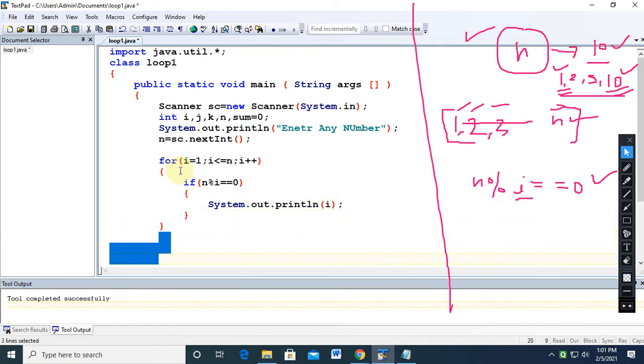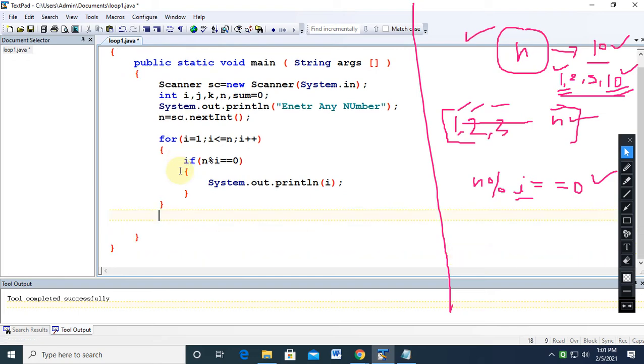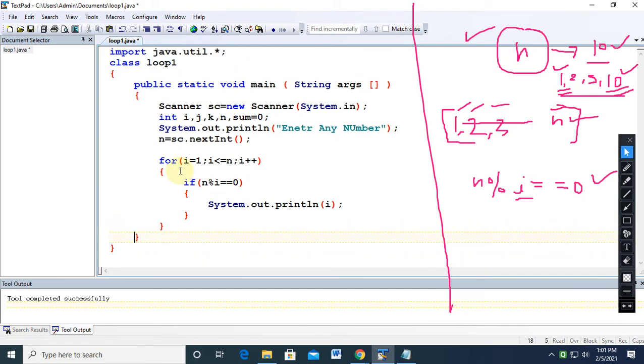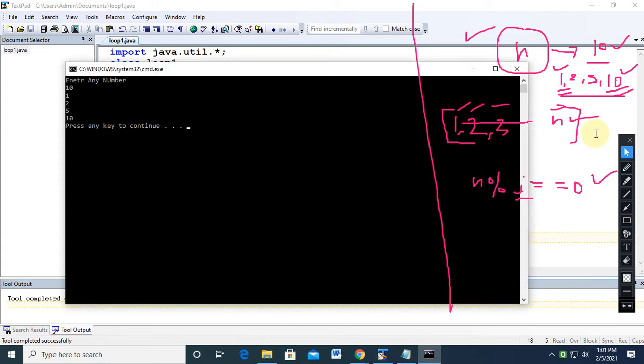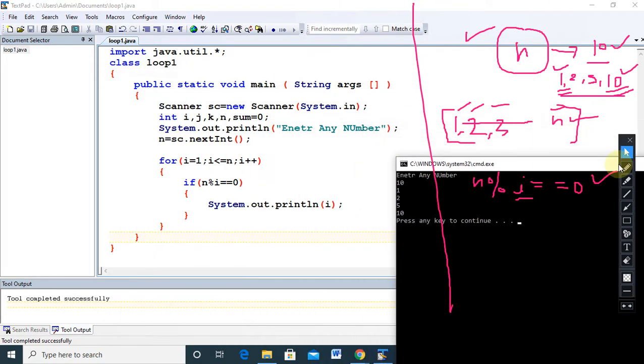And now the program is finished. Am I clear? Now let me show you the execution. Suppose you have entered number 10. The output is coming on separate lines: the factors of 10 are 1, 2, 5, 10. Am I clear? Yes, sir.